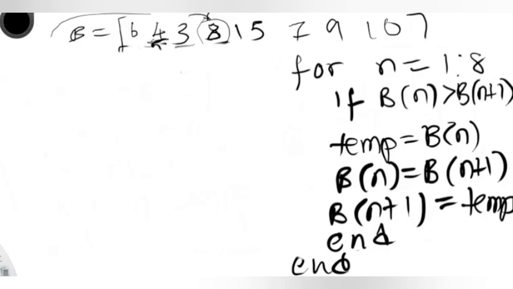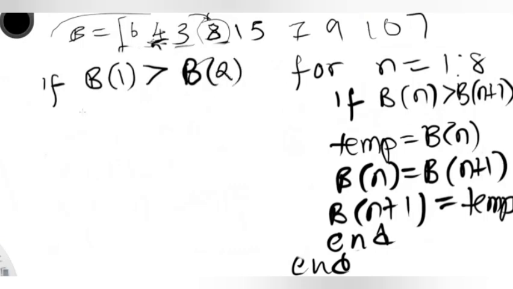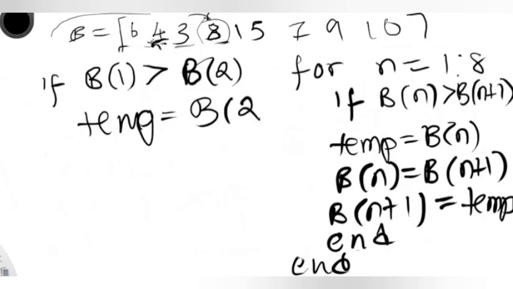So what this for loop will do is it will start with n is equal to 1. So the statement inside the for loop will read as follows. It will be if b1, since it's injecting 1 where there's n, if b1 is greater than n plus 1, when n is 1, this is just equal to 2, temp is equal to b2, then b2 is equal to b1.